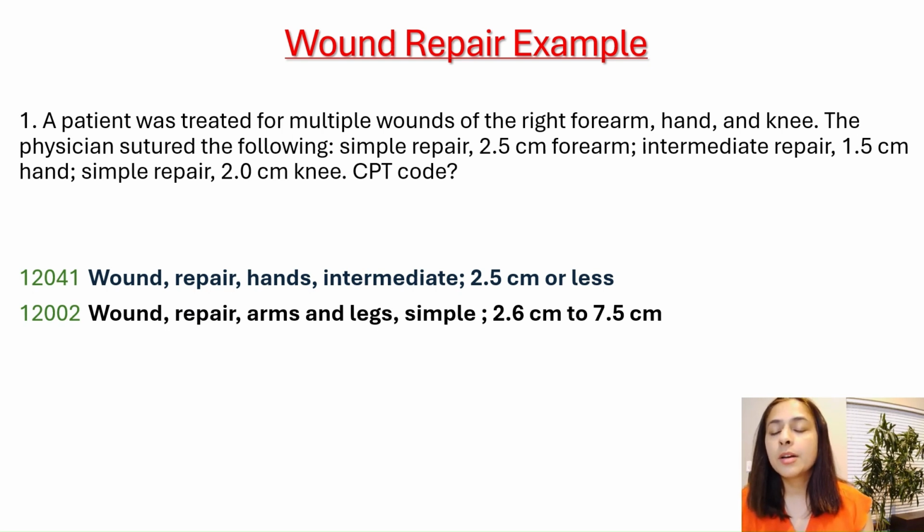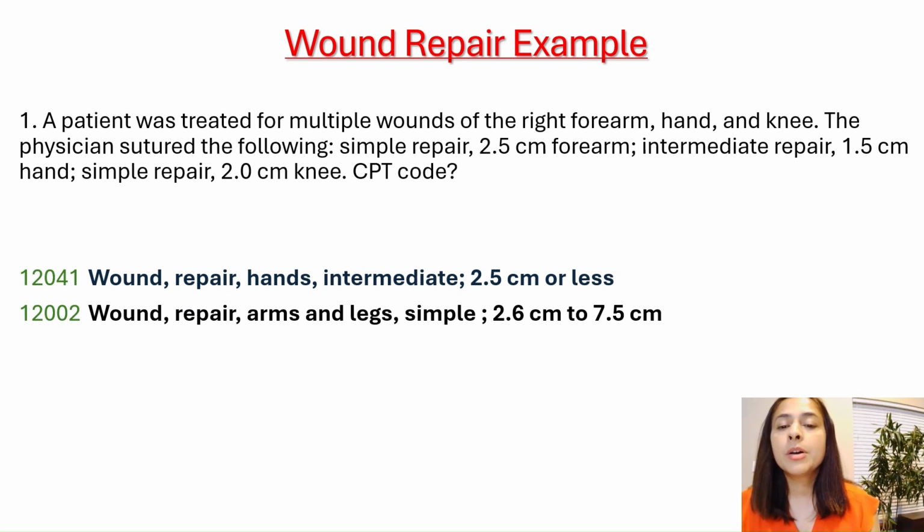And also we will code from the complex to the simple. So we're going to start from the intermediate, which is only 1.5 centimeter of the hand. So 12041, wound repair hands intermediate 2.5 centimeter or less.